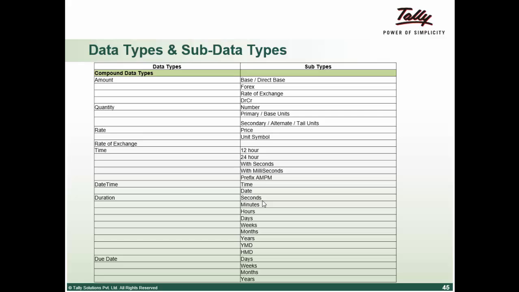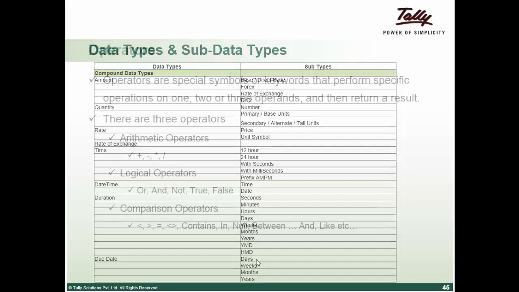So we do have that. And then we have the due date, which can be returned in days, weeks, months, and years. Please refer to the data types reference manual for details on each of these data types.